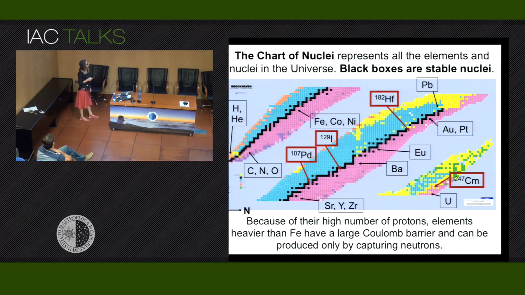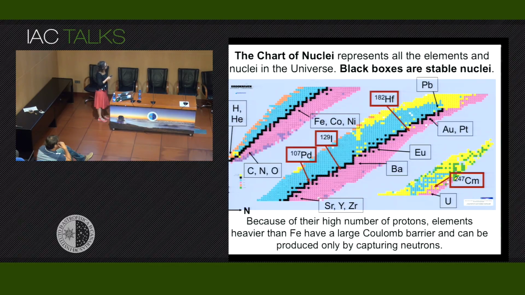I don't know if you've seen this before. It's the chart of nuclei. It basically represents all the elements and nuclei that are in the universe. And the black boxes are stable nuclei. So basically what we do is we plot each nucleus as a function of the number of protons, Z, and the number of neutrons that it has.